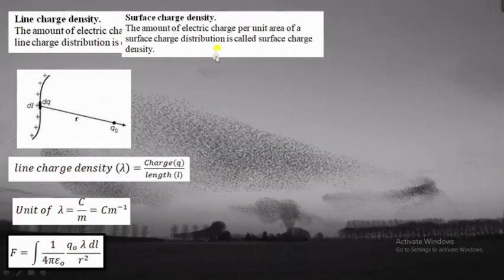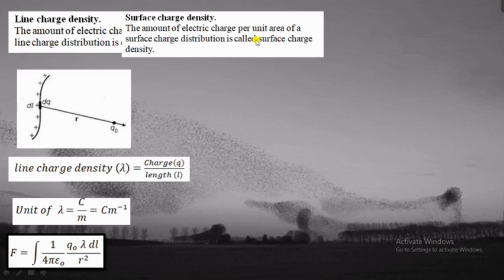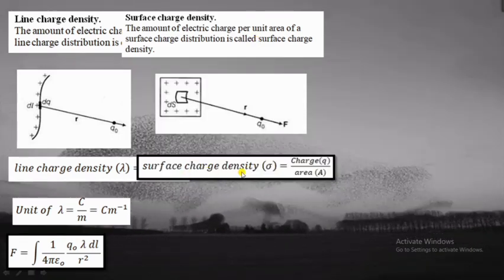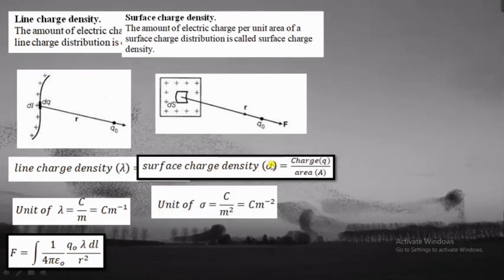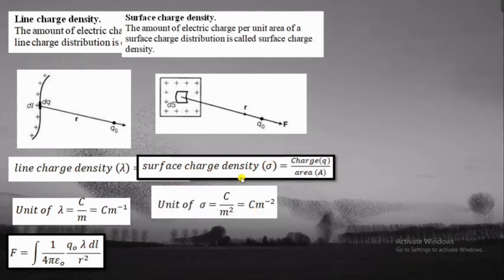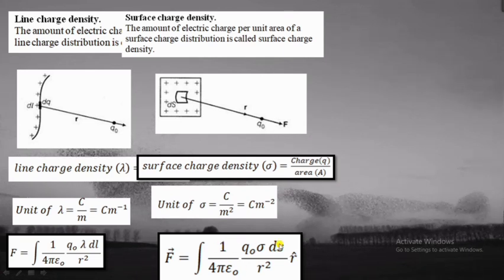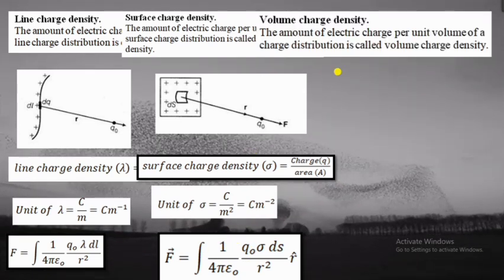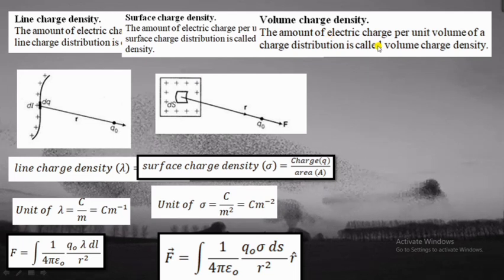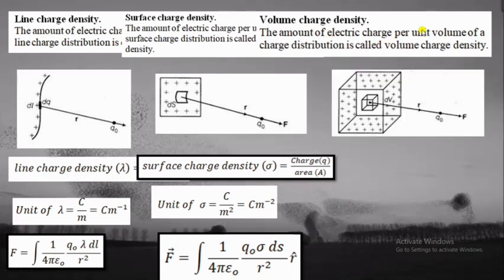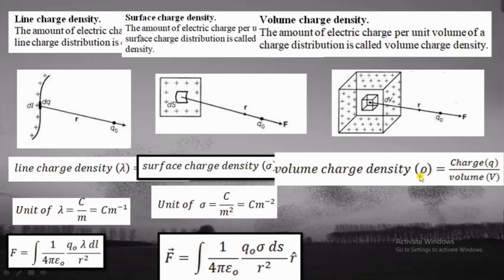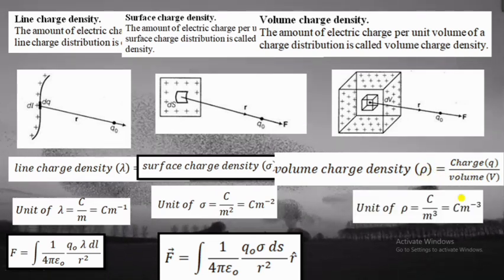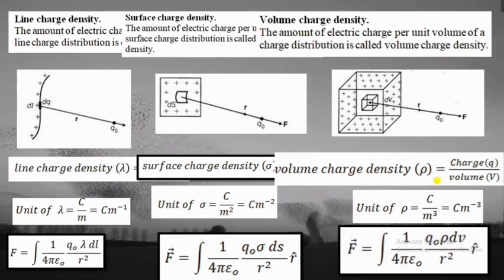Surface charge density is charge per unit area of a charge distribution, it is given by charge by area, denoted by sigma, the unit is coulomb per meter square, and this is the expression of force. And this is the volume charge density, that means charge per unit volume, given by charge by volume, rho is the symbol, the unit is coulomb per meter cube, and the total force is given by this expression.